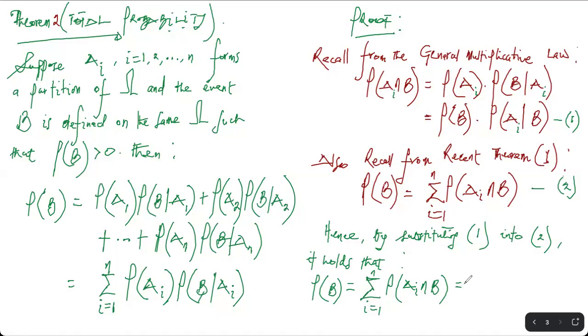Okay, so this is the same as the sum. The sum of this probability is the same as the sum of the probability of Ai multiplying the probability of B given Ai.